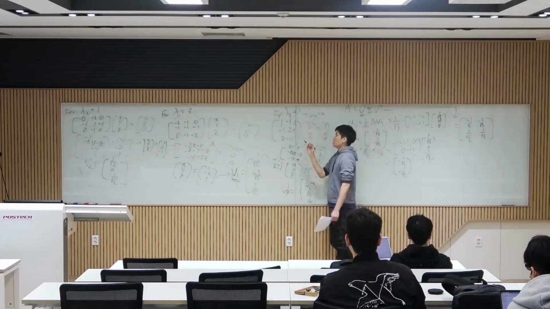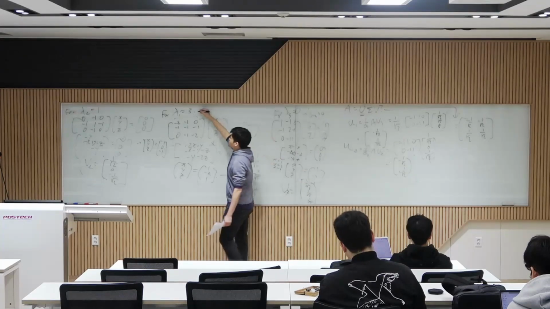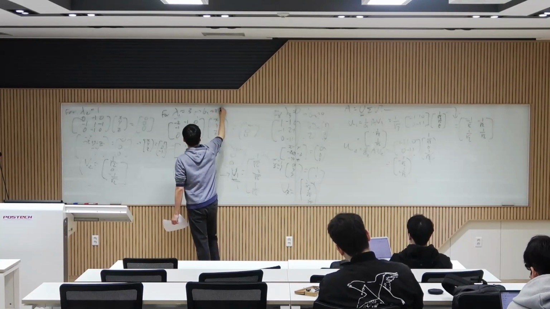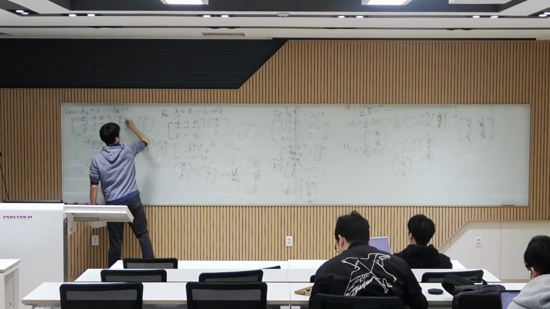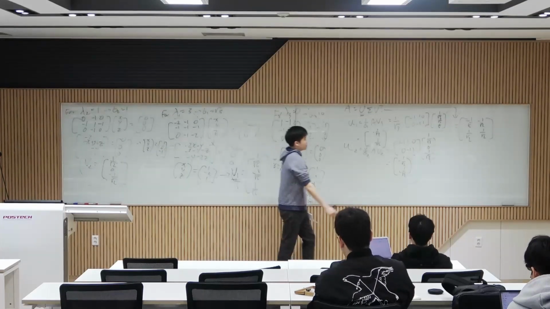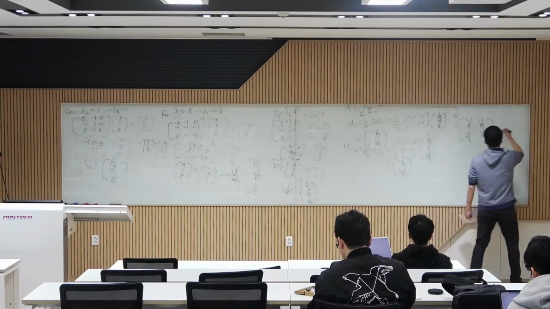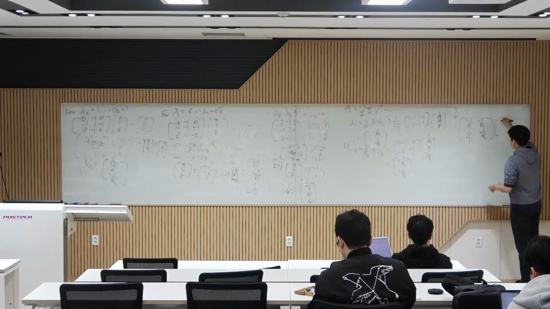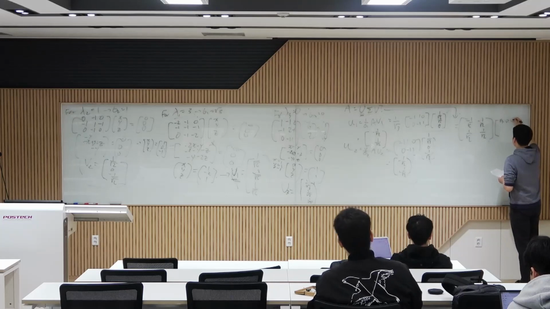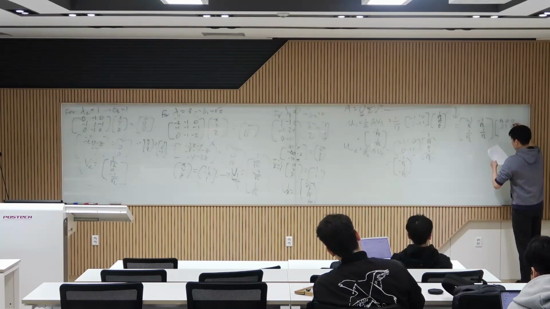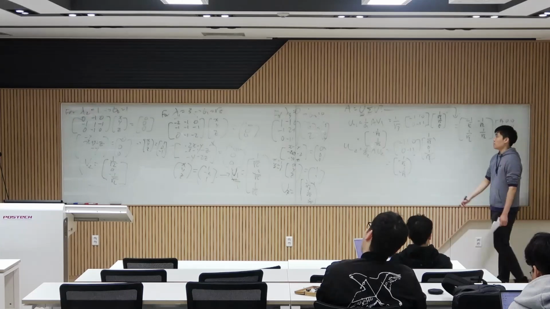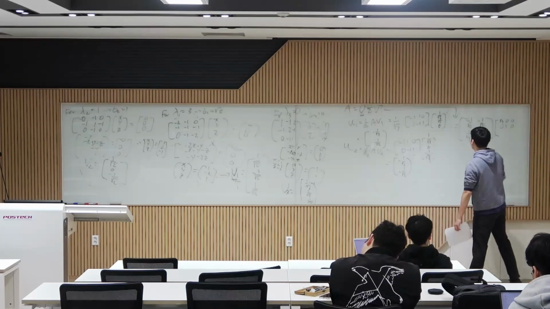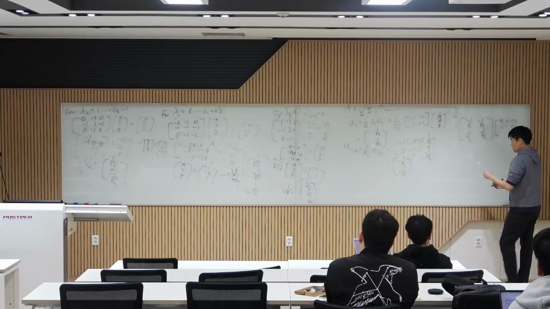Although the third singular value is 0, we have the first singular value as root 3 and the second singular value as 1. So I'm going to write root 3, 0, 0, 1, 0. However, the third row disappears because our third singular value is 0. So we just write it like this.